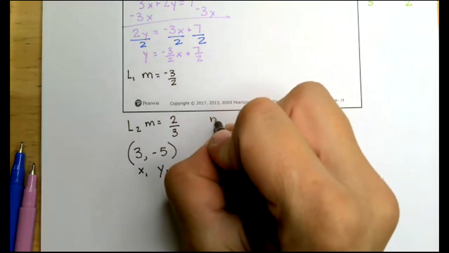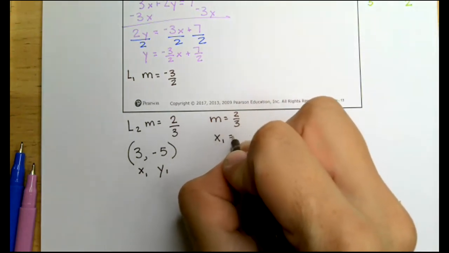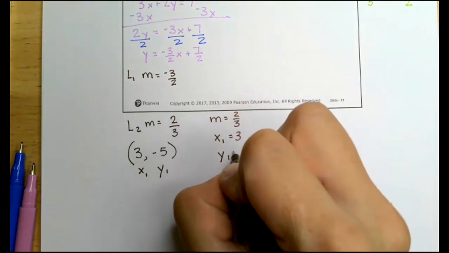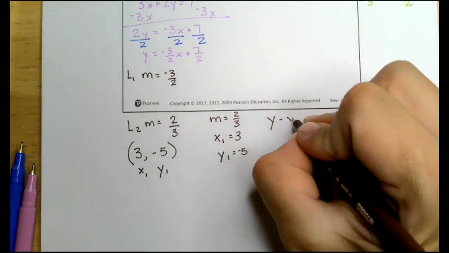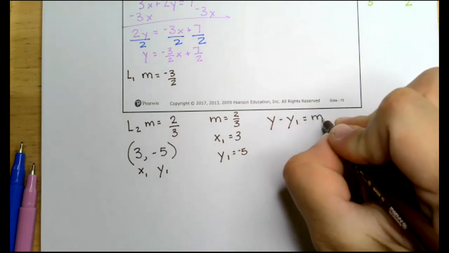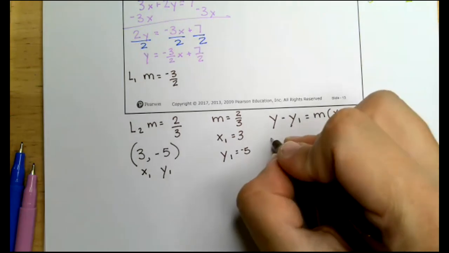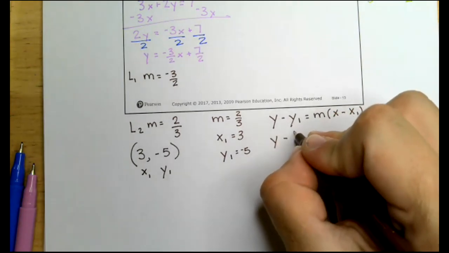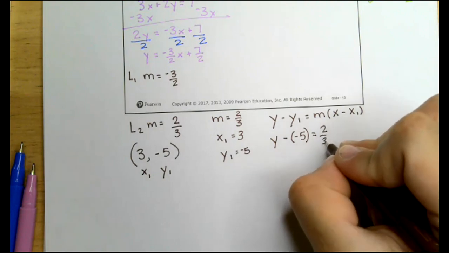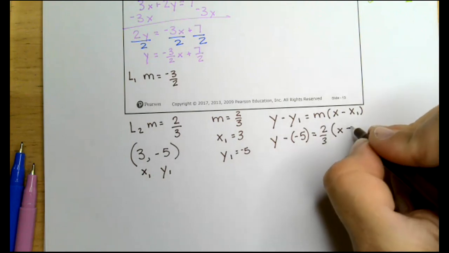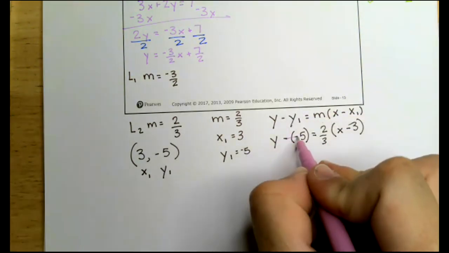So now I know m is 2/3, x1 is 3, y1 is -5. I have everything I need for y minus y1 equals m times x minus x1, y minus -5 is 2/3 times x minus 3.